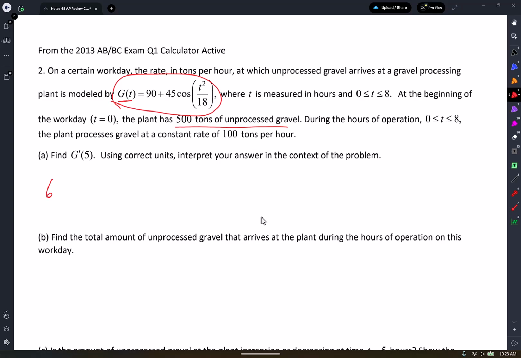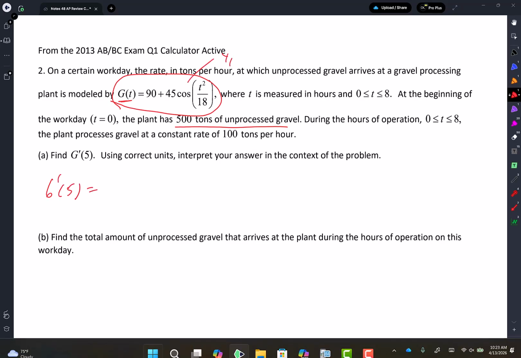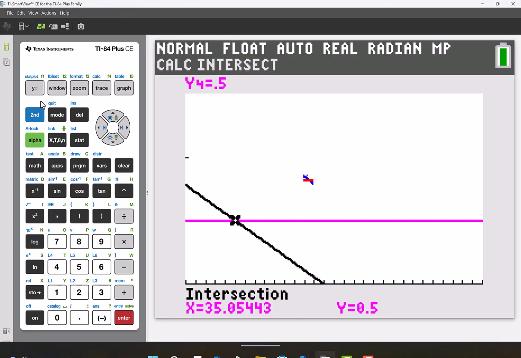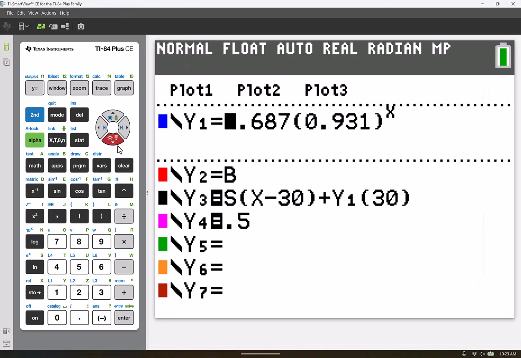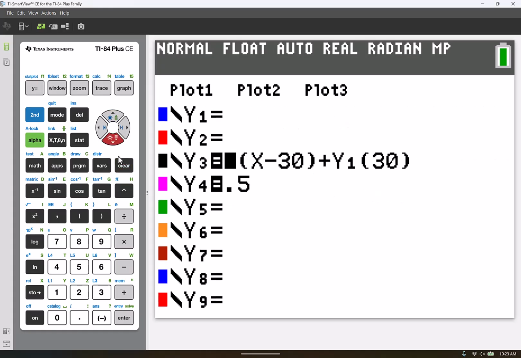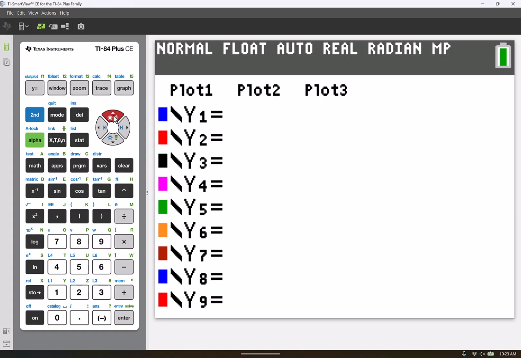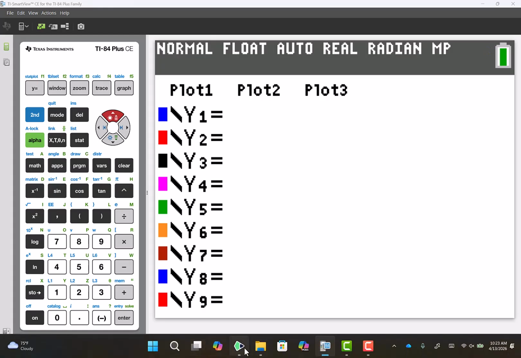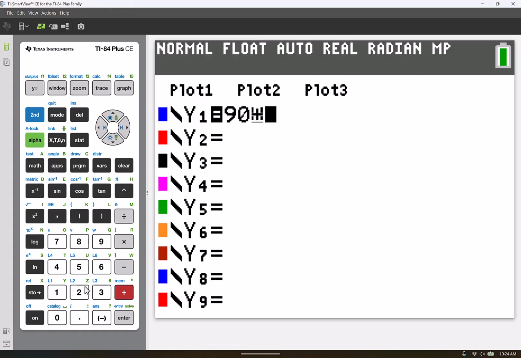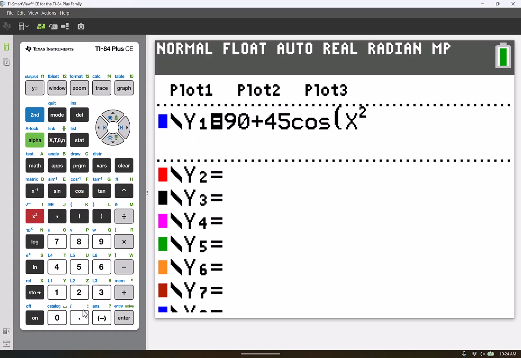So G prime of 5 equals, I would type that into your Y1. So take your calculator, Y1, and I'm going to clear everything. Clear. And hook me up with Y1 again. 90 plus 45 cos x squared over 18.